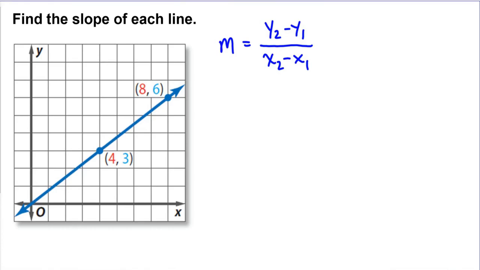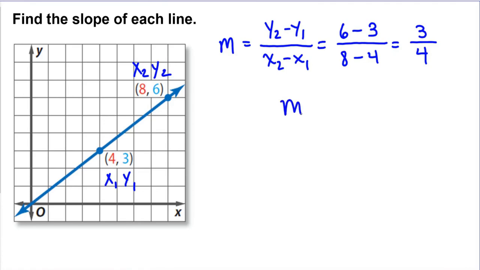It really doesn't matter which one you call x1, y1, and x2, y2, but I typically go left to right. So I'm going to call this one x1, y1, and I'm going to call this one x2, y2. So to find my rate of change, I'm going to take y2, which is 6, minus y1, which is 3, and x2, which is 8, minus x1, which is 4, and that gives me 3/4.